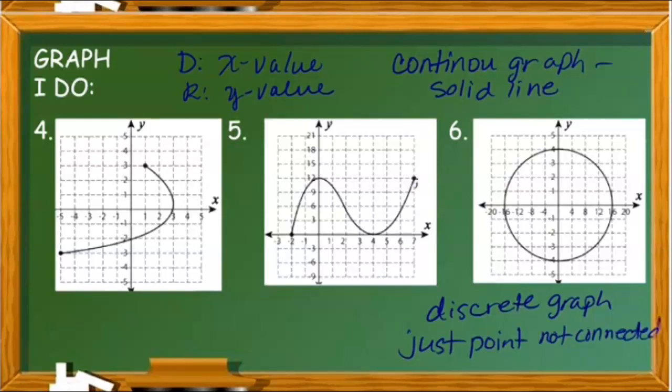Okay? So please note those two words down in your vocabulary. So under your vocabulary, we have continuous graph. Please check to see if that word continuous is spelled right, because it doesn't look right. Continuous graph, it's going to be a solid line. These are all three continuous graphs. A discrete graph is just going to be points. And I'll give you an example of that here in just a little bit, where I might or have already put it on here at the beginning.